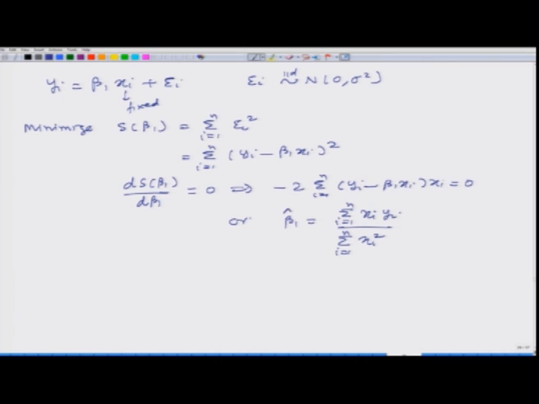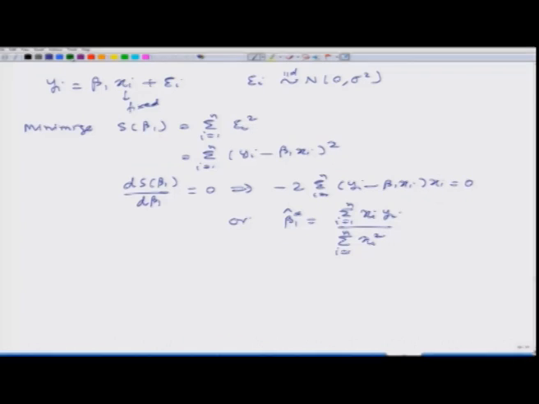So, I can denote it as beta 1 star hat. I am using the notation star just to distinguish it from the beta 1 hat that was obtained in the model with intercept term.